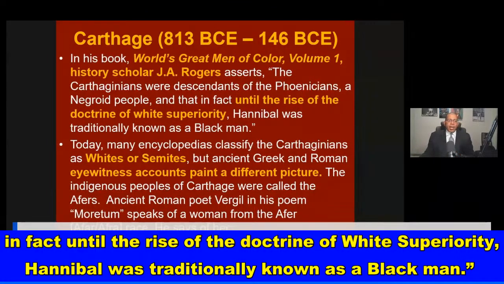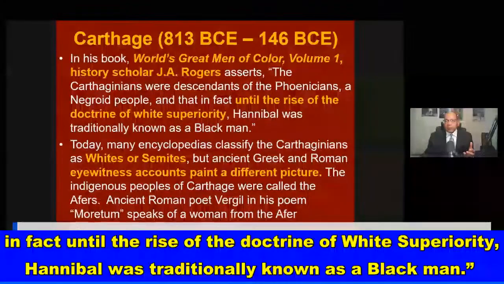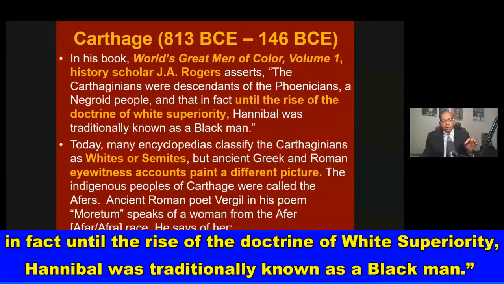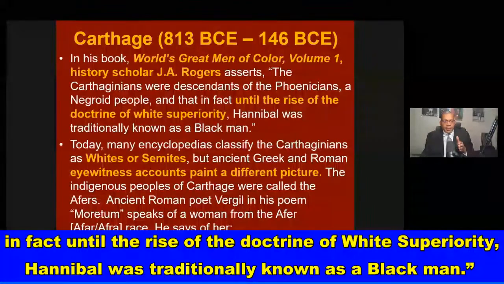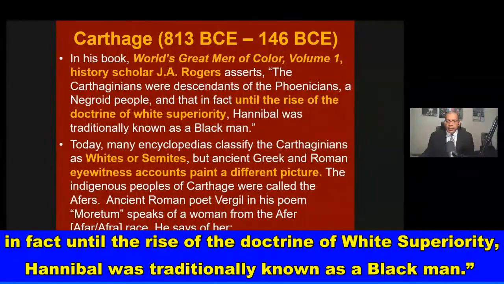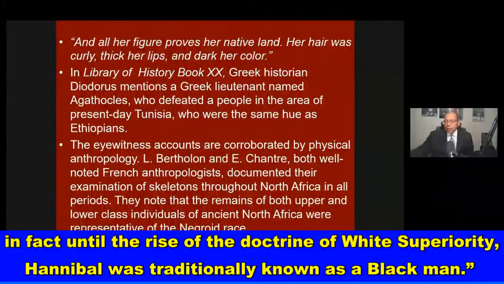The ancient Roman poet Virgil, in his poem Moretum, speaks of a woman from the Afer or Afra race, and he says of her, and all her figure proves her native land. Her hair was curly, thick her lips, and dark her color.